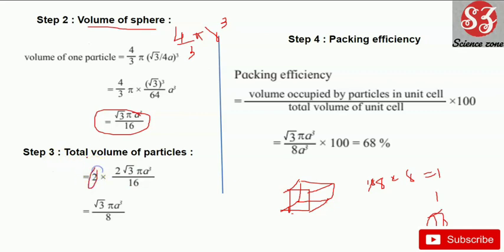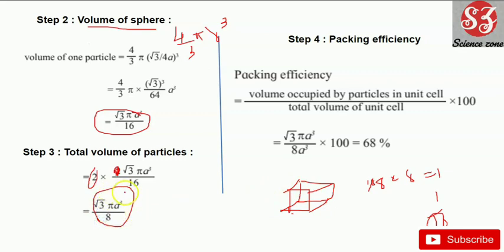So total volume of particles equals 2 into the volume of one particle, correct? So it will be 2 into root 3 pi A cube by 16. This is the volume of one particle into 2, because 2 particles are present in BCC, and you will get the total volume as root 3 pi A cube by 8.